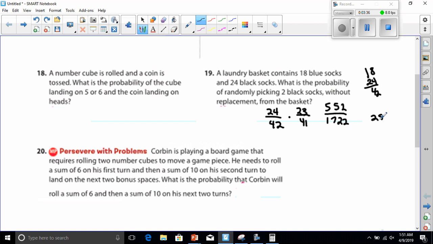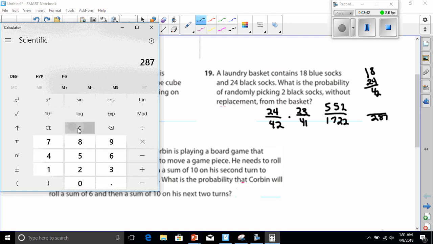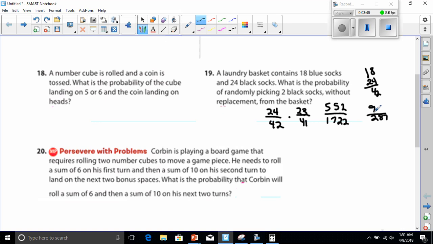And if we can divide 552 by 6, then we've got our reduced number. Let's see, 552 divided by 6, 92. Look at that. That means we have 92 over 287. And since 287 does not end in an even number, this will not go into this. So our final answer is going to be 92 over 287.